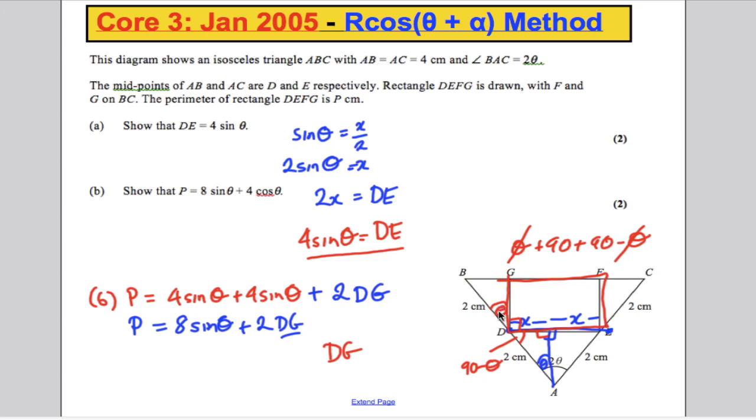So this angle here is theta, hence this side here is 2 cos theta. So P must be 8 sine theta plus 2 cos theta. So P must be 8 sine theta plus 4 cos theta as required.